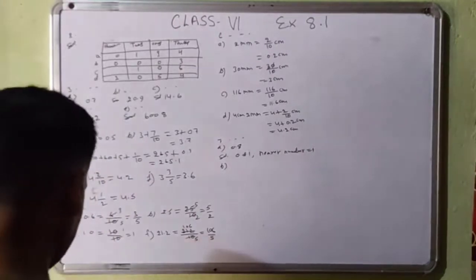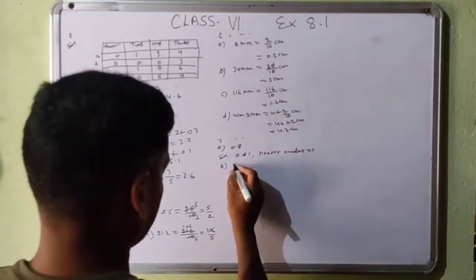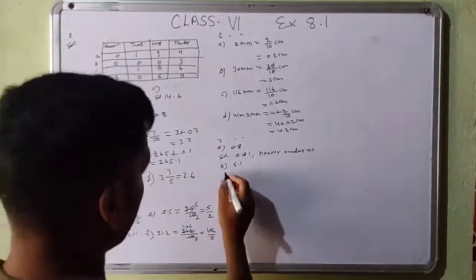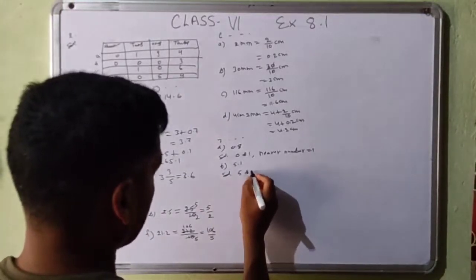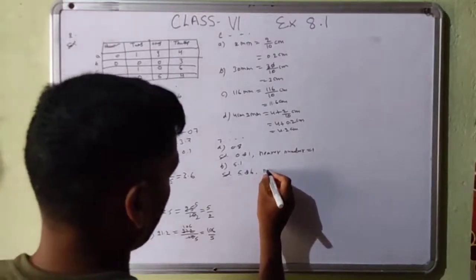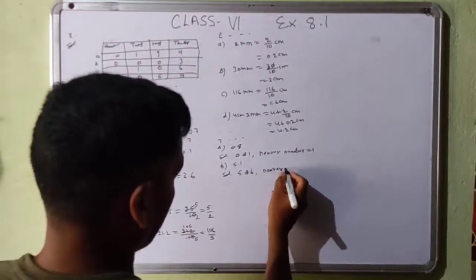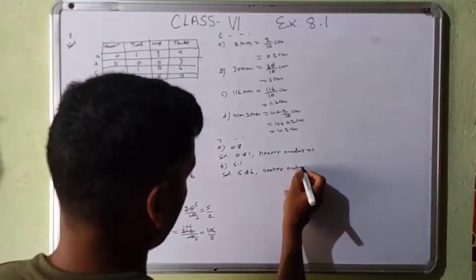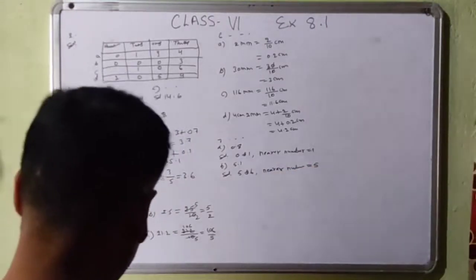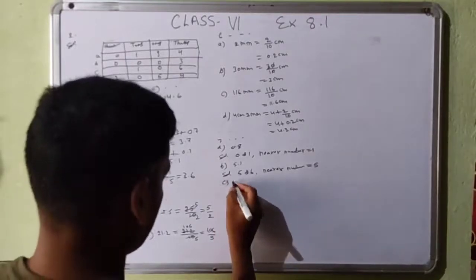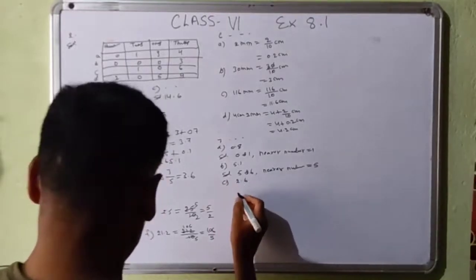B part, 5.1. That will be between 5 and 6. Nearer number is equal to 5, because that is near the 5. C part, 2.6.